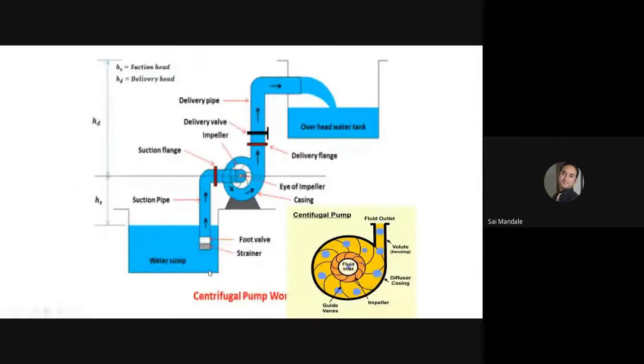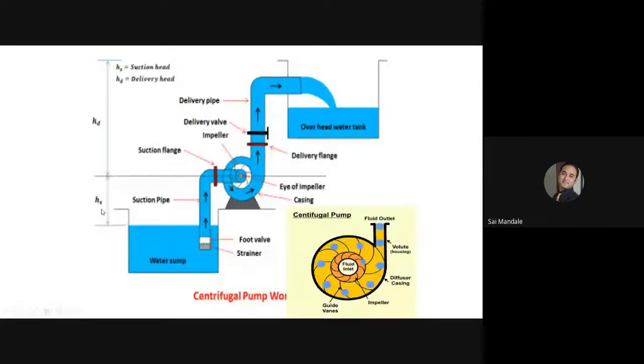The water at a lower level is called the water sump. The water is to be supplied to the overhead water tank. The distance between the low water level and the high water level is the total head available. Whereas the distance between the low water level and the axis of the pump is called the suction head, HS.